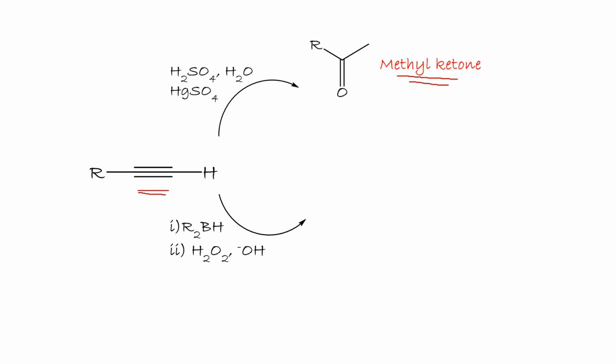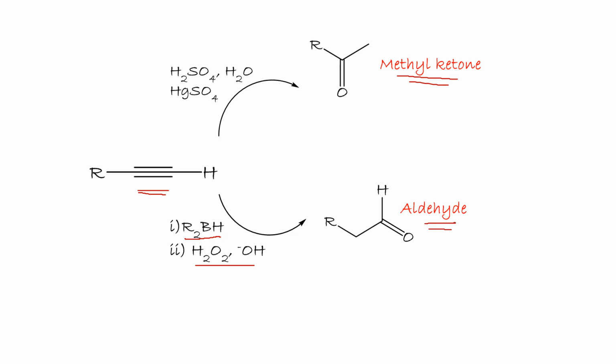If you do the hydroboration followed by oxidation method, then you get the OH on the terminal carbon and the hydrogen to the more substituted, and after tautomerism you end up with the aldehyde.